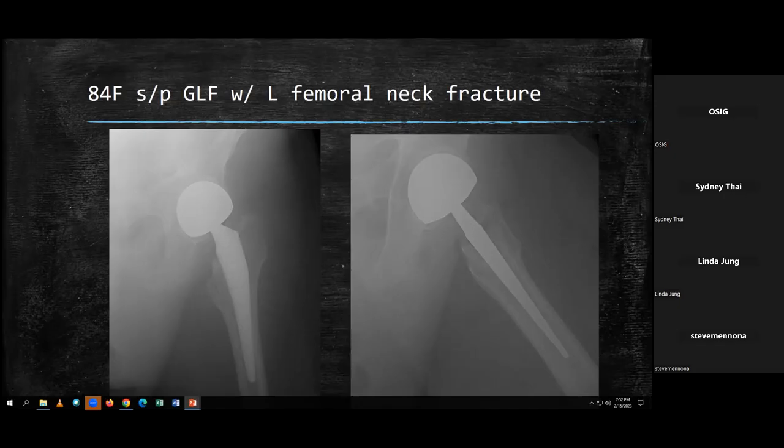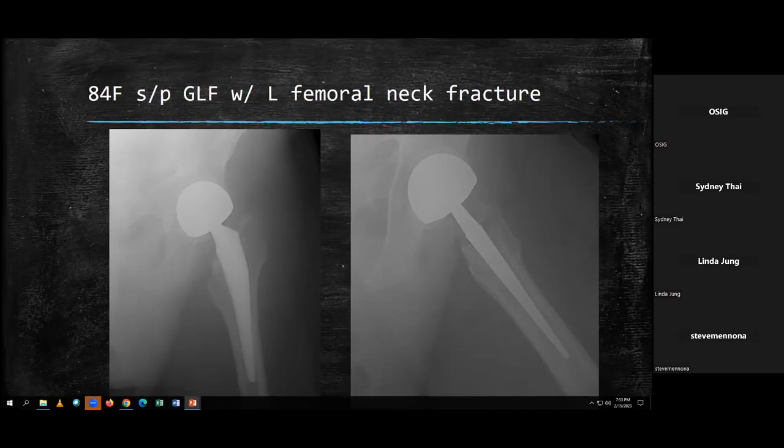You'll hear people saying, well, broach up to X size, and that tells you in your head what size implant you'll need that'll fit the area that's been broached. Then you'll implant this with just a hammer. Not very hard, though, or you'll fracture it.